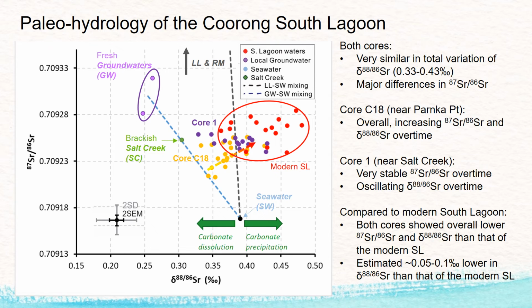In terms of stable strontium, it's also about 0.05 to 0.1 per mil higher than the paleo Coorong, which means this is an amount of extra strontium isotope fractionation caused by carbonate precipitation.